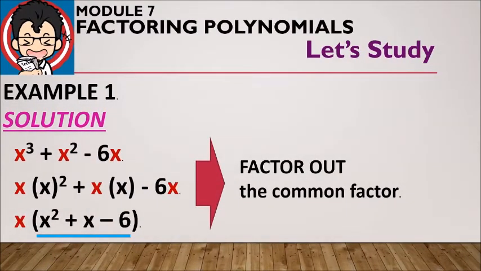Next, kung gagamitin natin yung method na yon, ayan. O, ganito makukuha natin. Okay? Sabi nga, di ba, factor out the common factor. So, finactor out natin siya and it gave us this result. However, di ba? Final na kaya tong sagot natin na to?